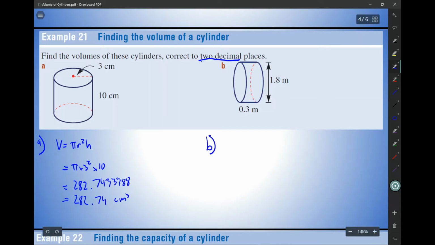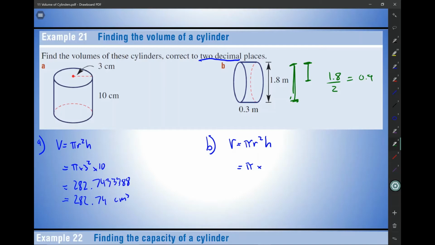And again over here for part B, formula goes first always, and then we fill in the numbers. We're not given the radius here, we're given the diameter all the way across. So what we want is half of that distance, which is going to be 0.9. So the number that we put in here is not 1.8, it's 0.9.